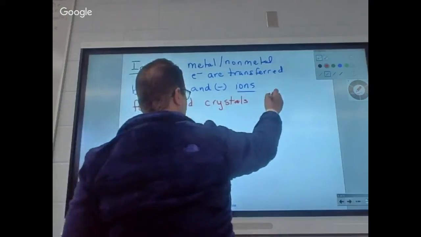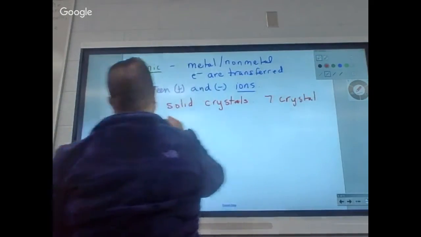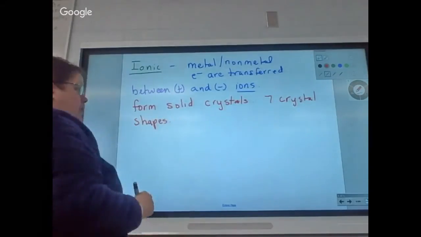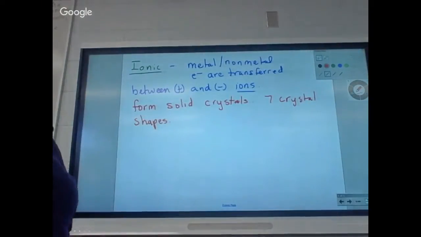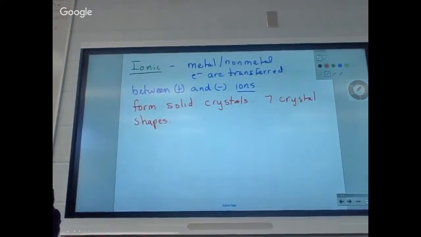All right. And there are 7 crystal shapes. I am not going to make you learn any of the crystal shapes other than to tell you that all ionic compounds form one of 7 crystal shapes. When we do solids, liquids, and gases after we do the gas laws, I'll pull up the picture of the 7 shapes and show you what they are.